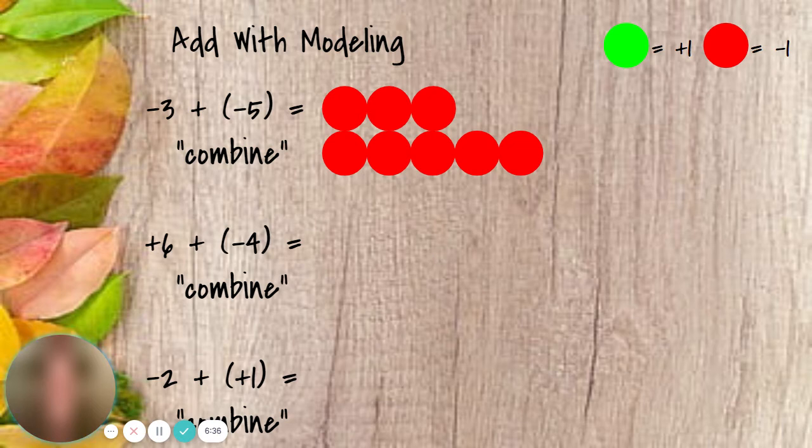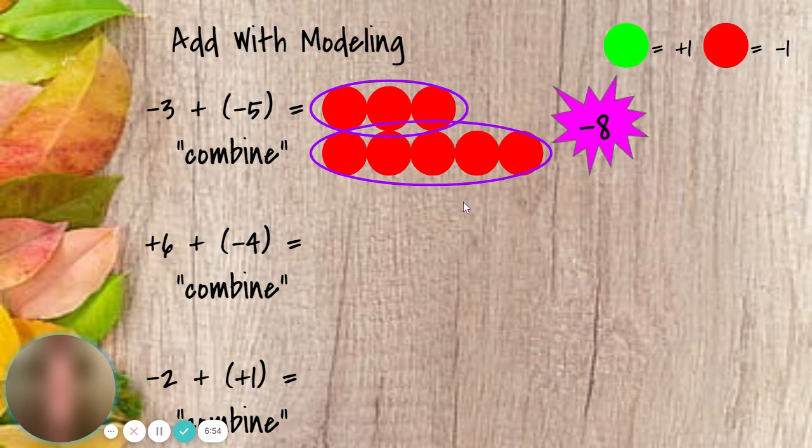They're both negative, so in this case, I'm going to combine. How many negatives do I have? Well, I have this 3 up here and I have this 5 down here. They're all negatives. So in total, I have -8. The answer would be -8 because I have 8 red circles, and those account for a -1 each. So that's your answer.